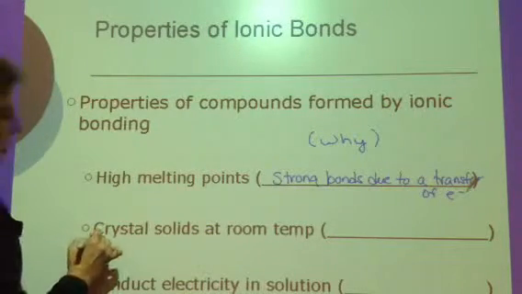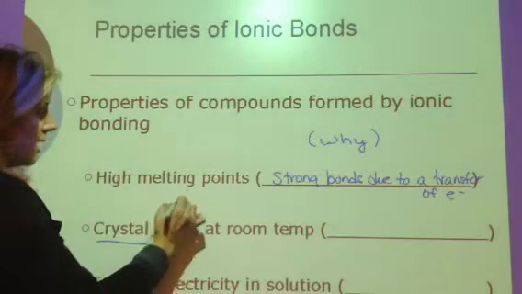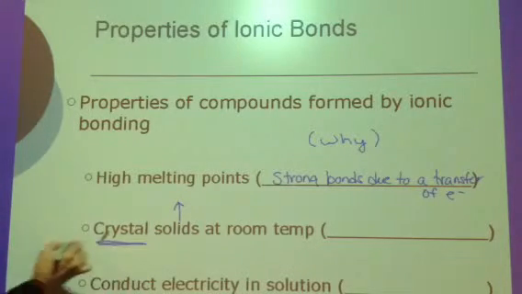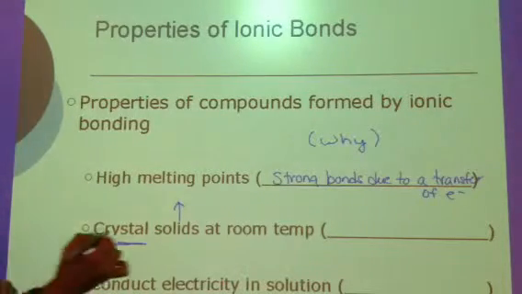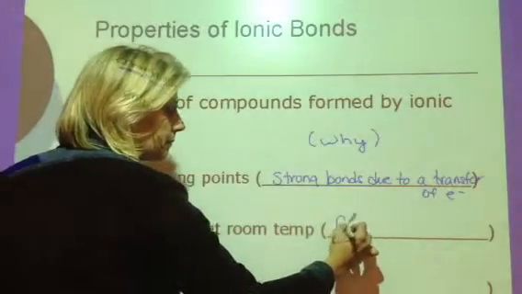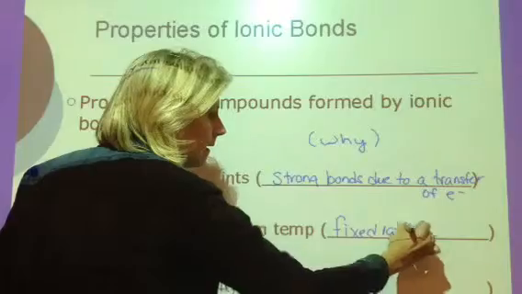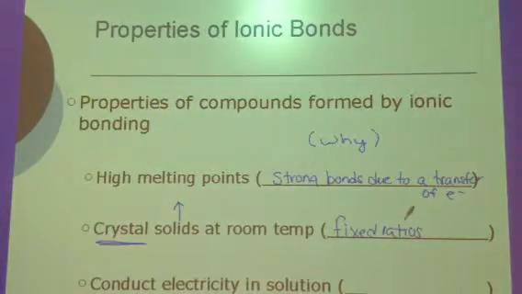The fact that they're crystal solids at room temperature, solids are explained through the fact that they have high melting points. But the idea that they're crystal solids has to do with the fixed ratios. Remember that ionic compounds are going to form bonds with fixed ratios, meaning when sodium bonds with chlorine, it's always a 1-to-1 ratio.